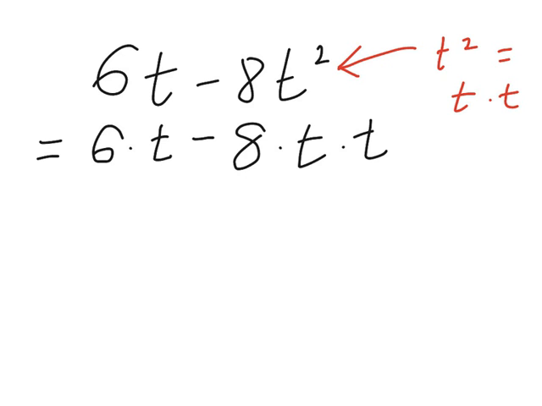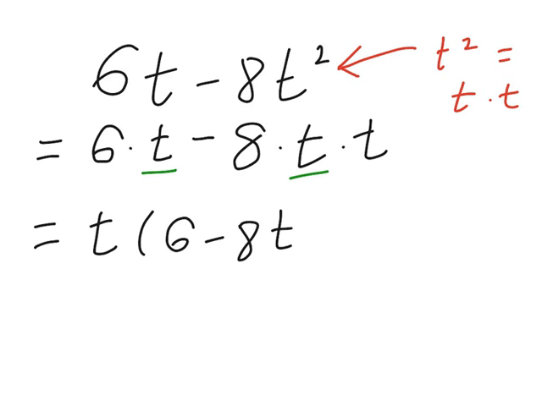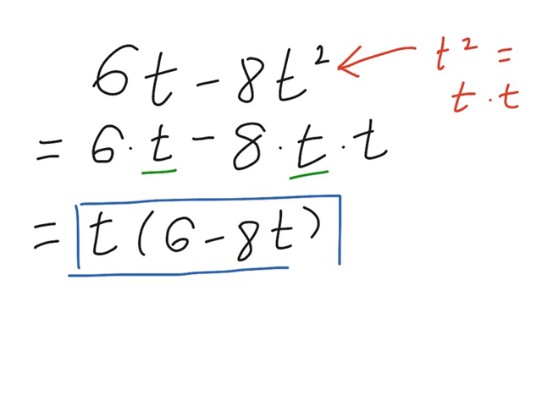Now we notice that there's a t in the first part and a t in the second part. That means I can take out a t, and I'm left with 6 minus 8t. And this is the answer. So if we factor 6t minus 8t squared, we get t times 6 minus 8t.